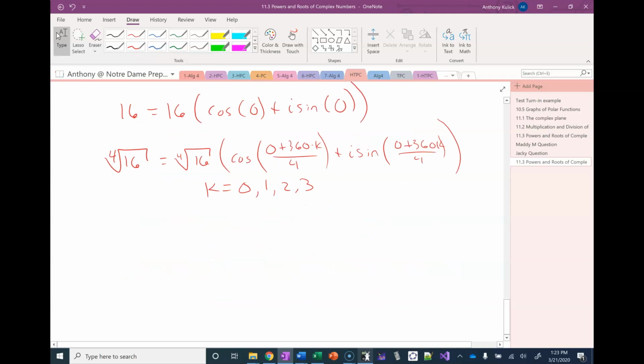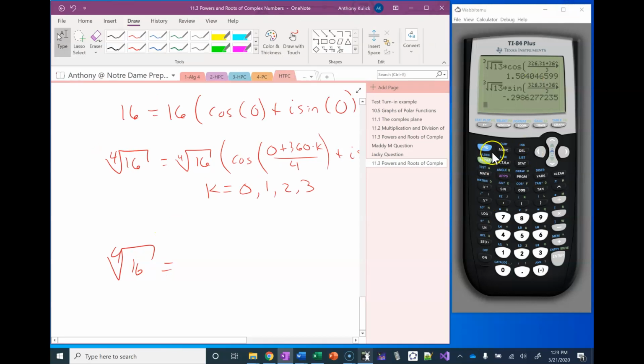And now I'm just going to do the same thing I did before on my calculator. So we have the 4th root of 16 is going to equal. To get a 4th root, I'm going to press the math button and go down to option 5. I probably should have put the 4 first because now I have to backtrack here and change that, but that's not a big deal. 4th root of 16, and some of you might have recognized that's 2 right away, and that's fine. You could have just done that in your head.